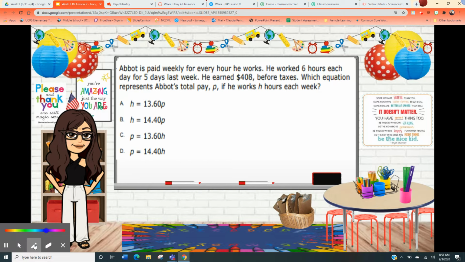He worked 6 hours each day for 5 days last week. He earned $408 before tax. Which equation represents Abbott's total pay if he worked H hours each week?